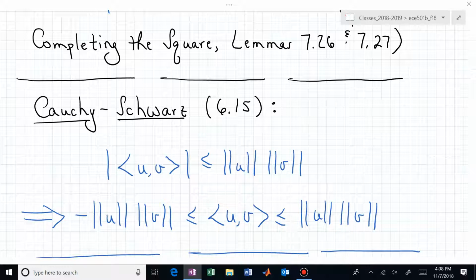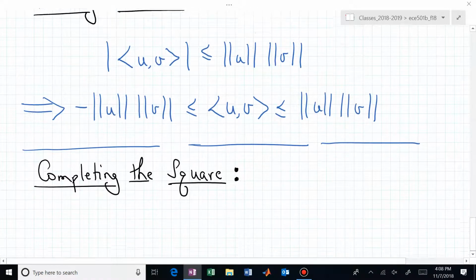A lower limit, minus the norm of those two vectors multiplied together, is less than or equal to the inner product, which is less than or equal to the norm of those two vectors multiplied together. We'll actually use the left-hand side later to show how we can obtain a lower bound on a property, or on an expression. So we'll use the Cauchy-Schwarz, the left side, in our discussion.